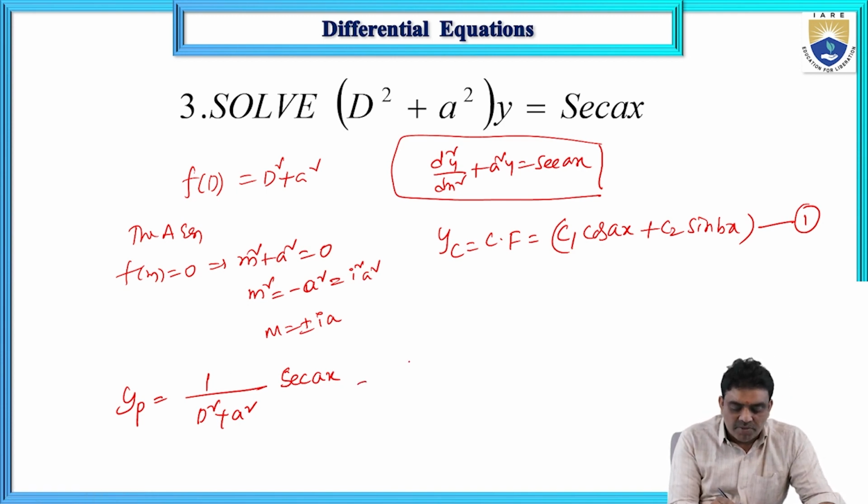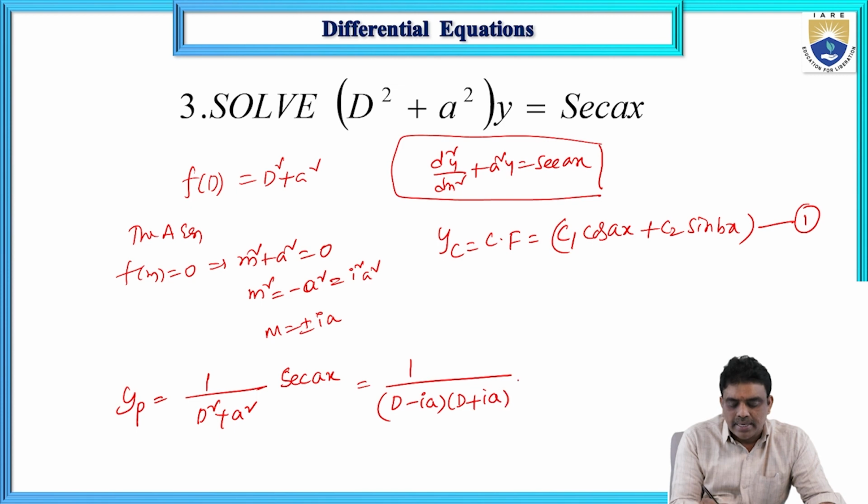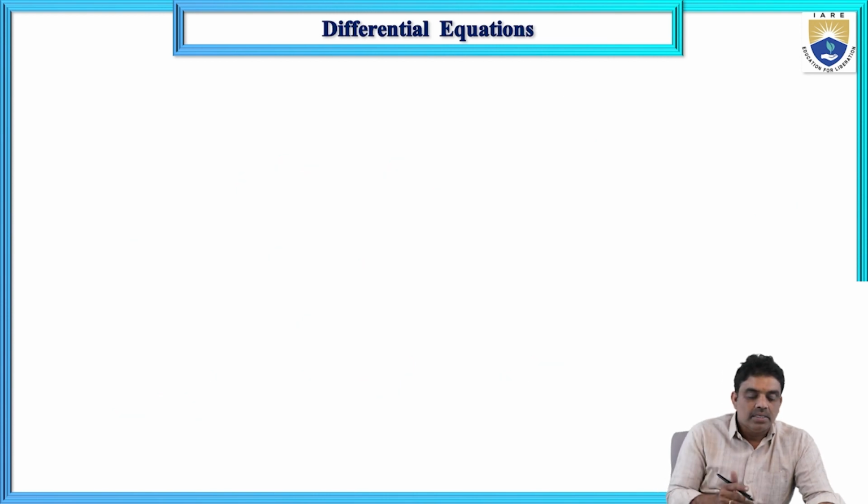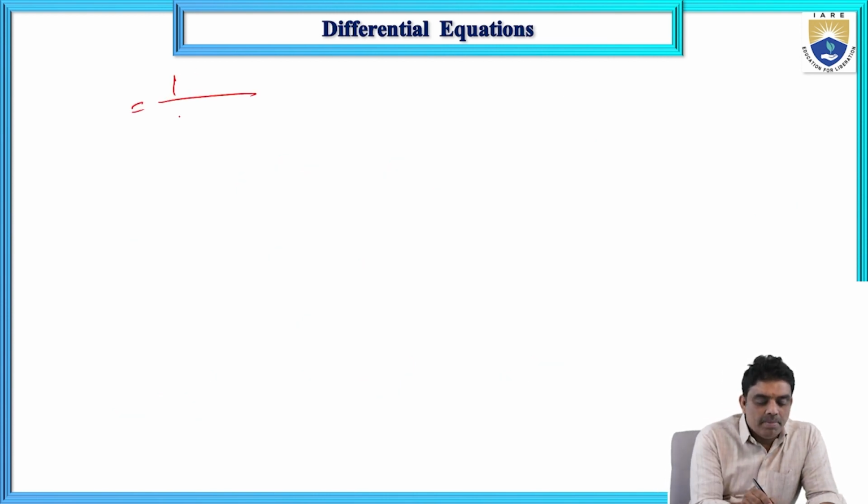So write in factor form, that is 1 by d minus ia, 1 by d plus ia of secant ax, as we have seen in the previous problem. So how can I write the factor notation or the partial fractions? 1 by d minus ia of 1 by d plus ia of secant ax.